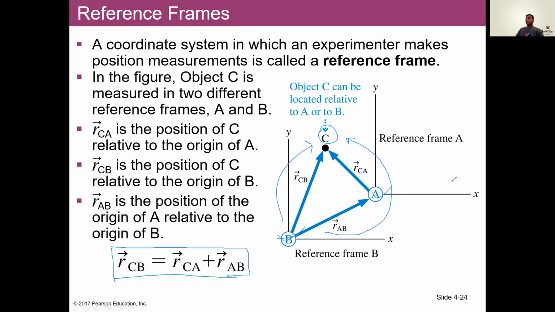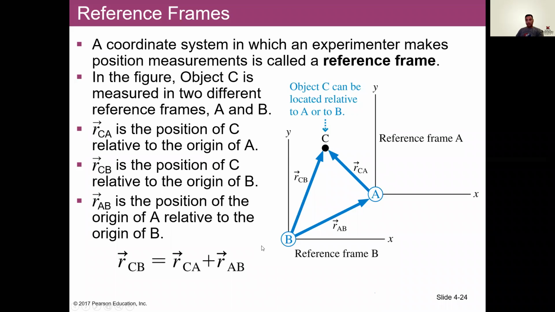So you have two reference frames, but you can know the position vector from one if you know the position vector from the other, and how these two reference frames are related with each other. And that's very important. Eventually we are going to drop all of these reference frame drawings, but we are going to work with these relations, these expressions that you're seeing right here.